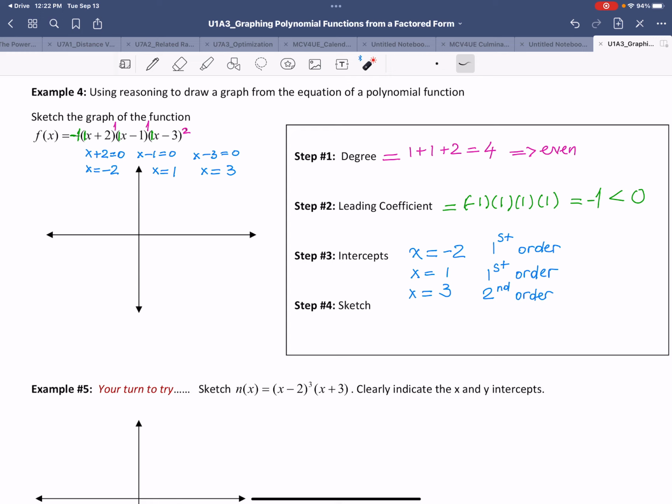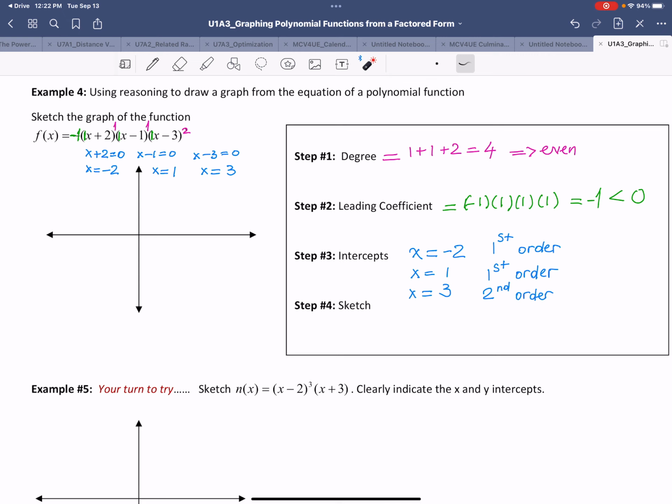Now, because the degree of this function is even and the leading coefficient is negative, the end behaviors of this graph will resemble the end behaviors of the simplest even degree polynomial function, which is second degree, or the parabola, with a negative leading coefficient. So try to imagine a parabola with negative leading coefficient.